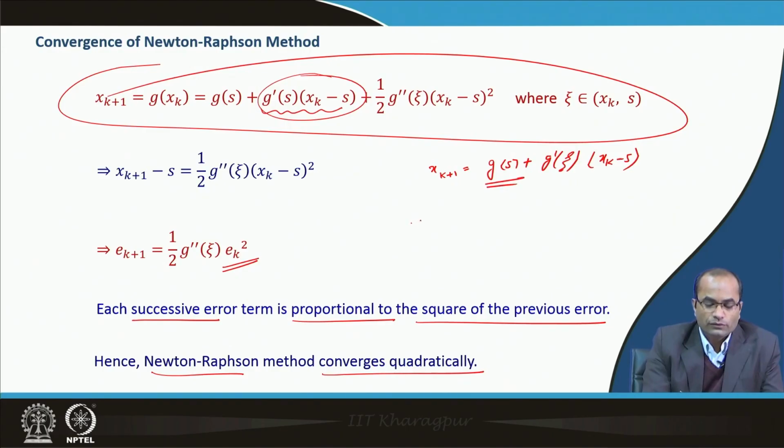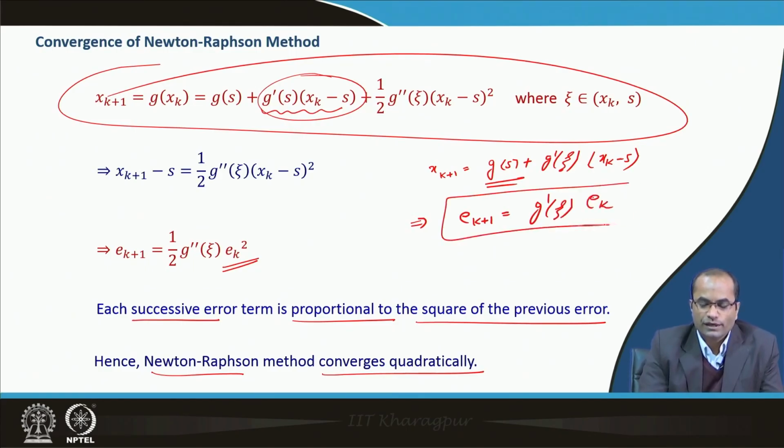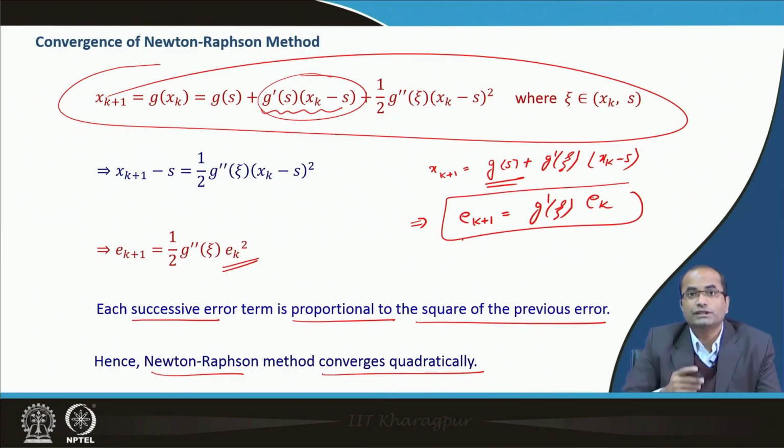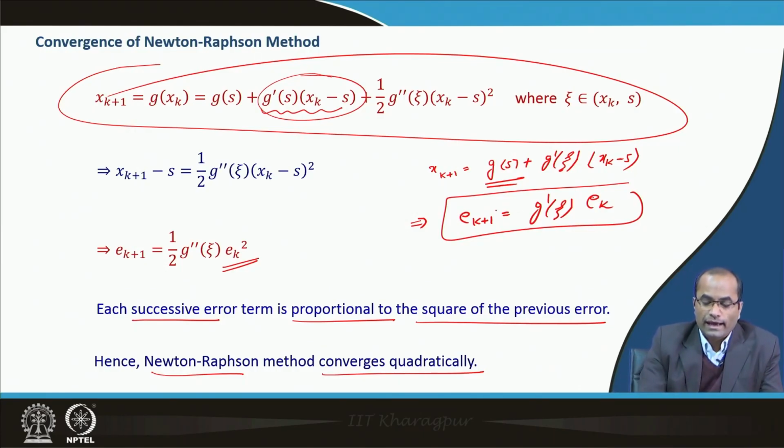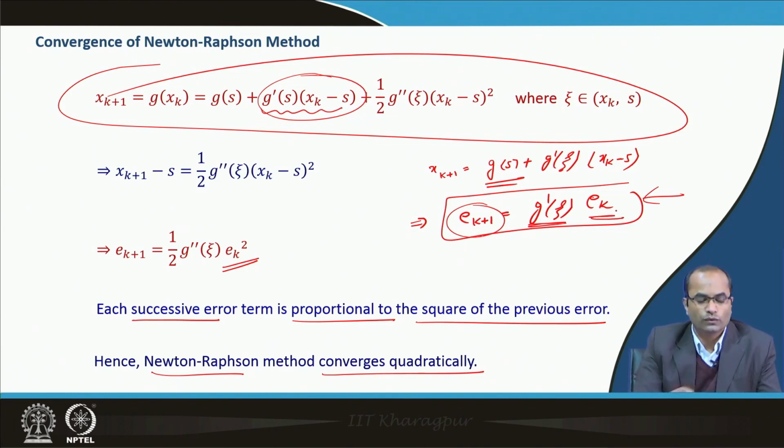So, this is now the relation we will get, that e k plus 1 is equal to g prime xi and e k. So, this relation we will get if this g prime s is not equal to 0, and this relation shows that e k plus 1 will be some multiple of e k. There is no quadratic term appearing now. That means, we will have the linear convergence.